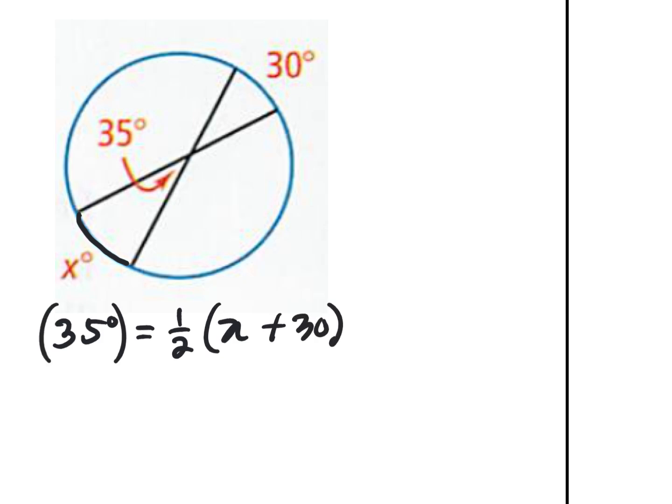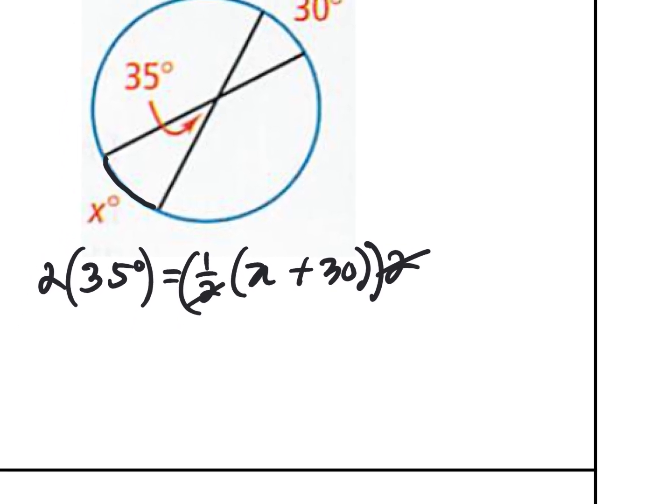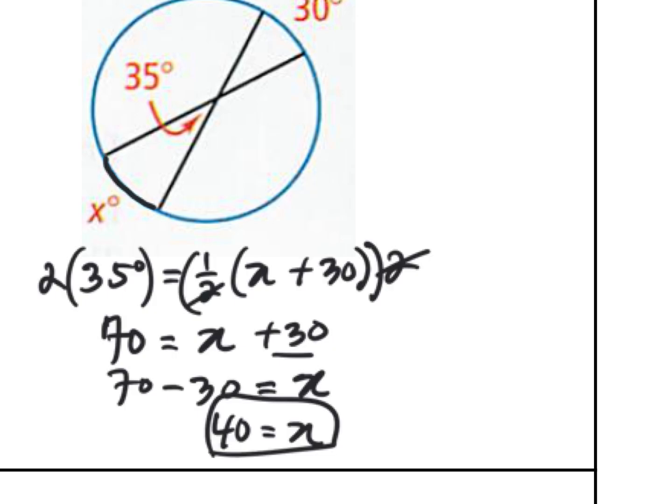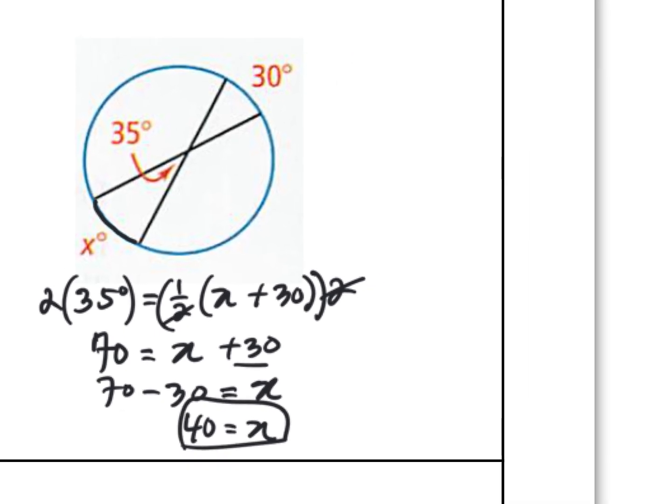I'm going to multiply both sides by 2 in order to cancel the denominator. So 35 times 2 is going to give you 70, equal to what is left here, only x plus 30. Now let's transfer this one to the other side. So that's going to give you minus 30 is equal to x. 70 minus 30 is going to give you 40. So that's going to be the value of your arc.